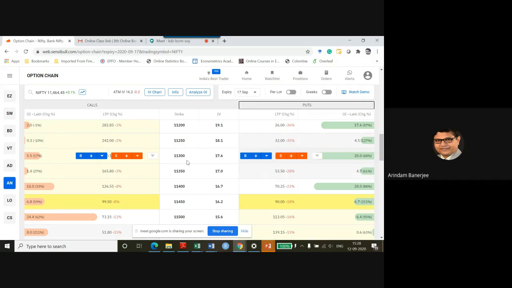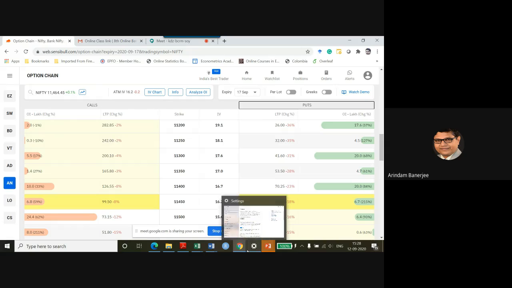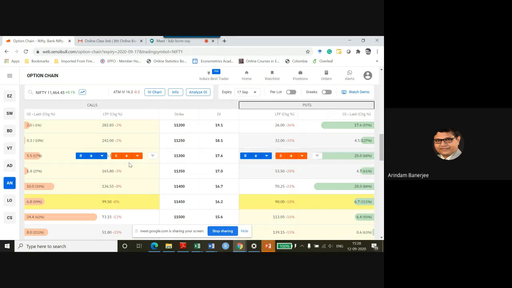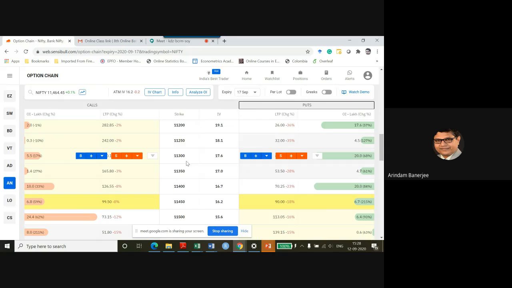Now, let's consider this one, 11,300 strike. For the time being, let's ignore this premium. Its premium is around 200 rupees for the 11,300 call. Let's assume that the premium is 0 and the brokerage and other taxes are also 0. Then a call buyer, if he takes a position on this strike, 11,300, then what is the contract he is entering into?